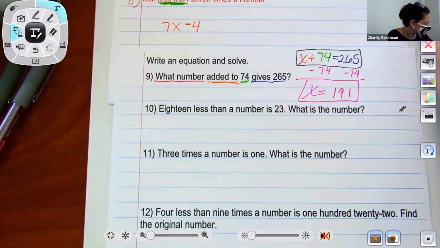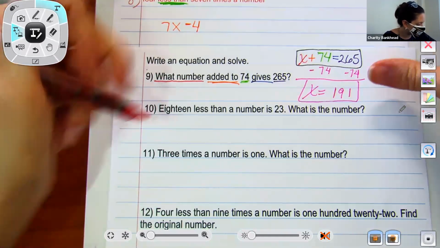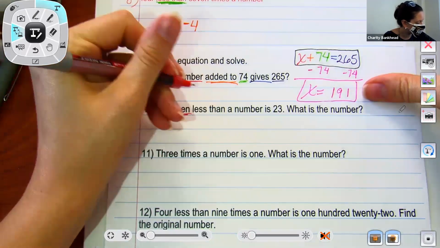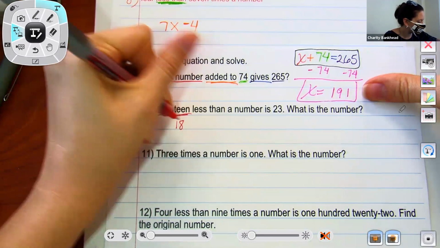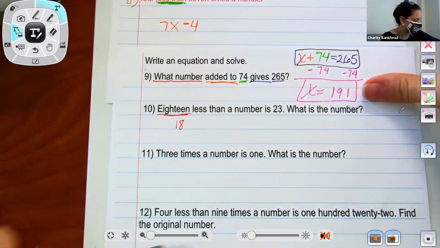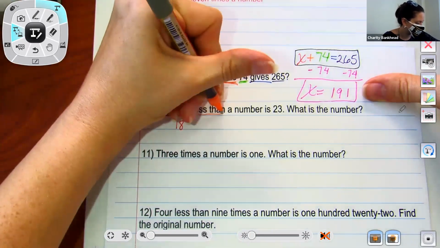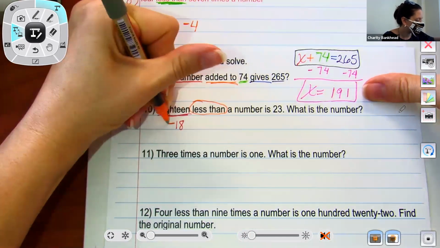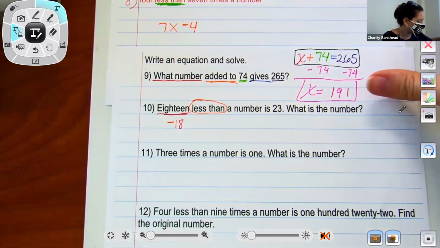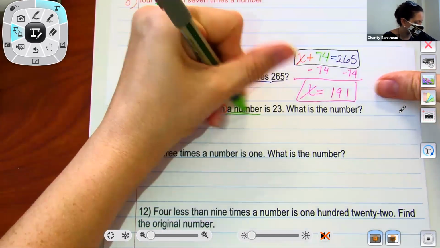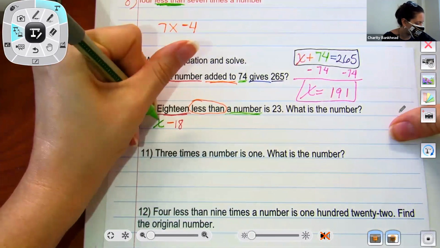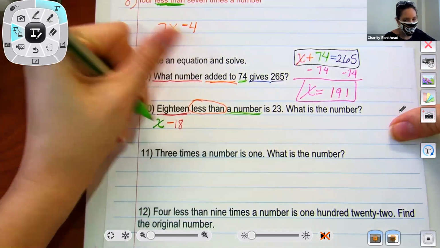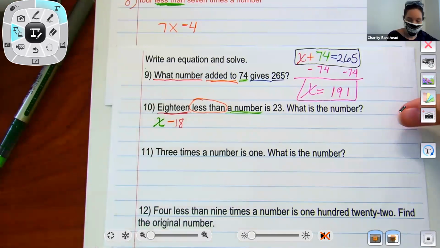All right, so number 10 says 18 less than, so that means it's something minus 18. Less than a number, so that's x. So 18 less than a number is x minus 18.